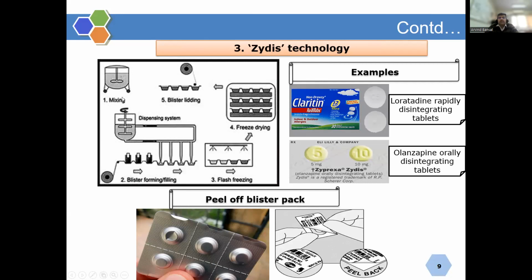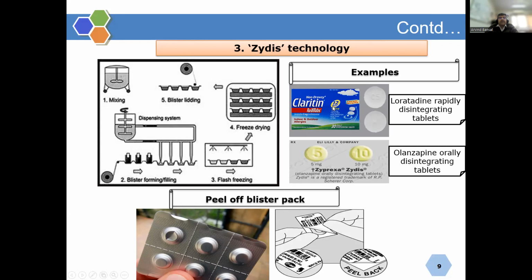In this case, the steps involved are first mixing the ingredients that go into the tablet, followed by blister forming and filling of this suspension or solution into the blisters, which are then flash frozen, followed by freeze drying, followed by blister lidding to get the final product.